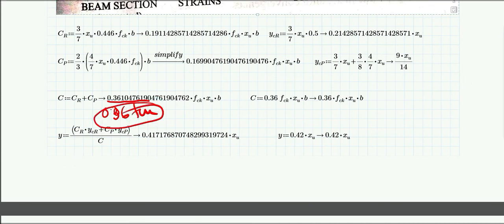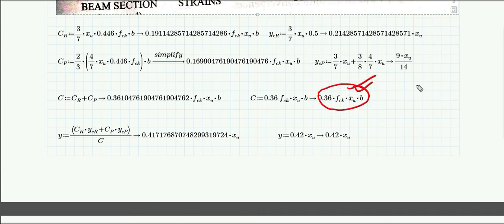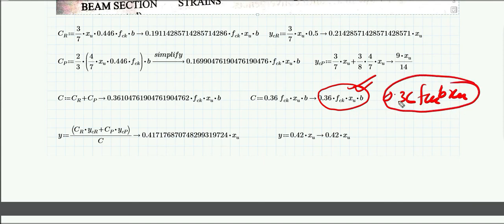This is the value, and this is 0.36 FCK BXU, which is already given in your code. This is the force or the total volume of the section. If B is not there, then it will be the area of the section. When B is multiplied, it becomes the volume of the stress diagram.